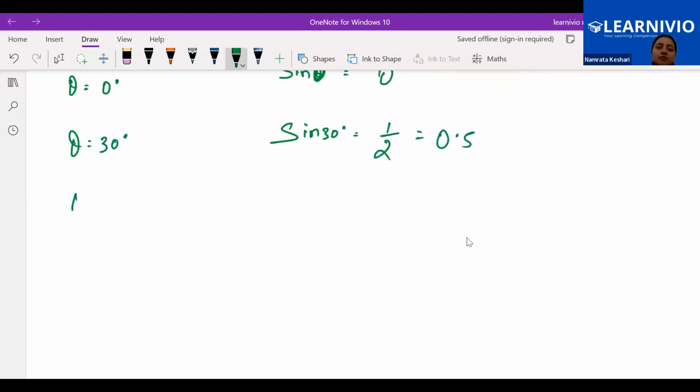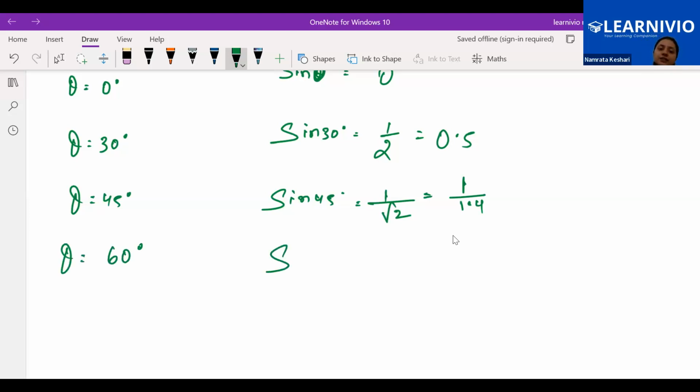When theta is 45 degree, sine 45 is 1 by root 2. We are not sure what the result will be, but root 2 value is somehow 1.414. If you don't want to find the value, let's keep it as it is. If theta is 60 degree, sine 60 is root 3 by 2.